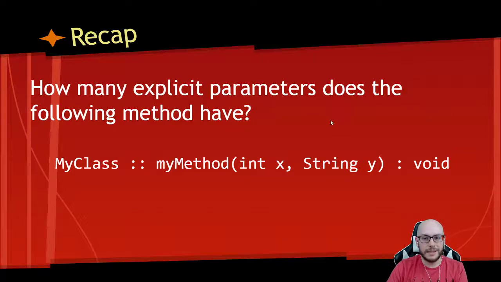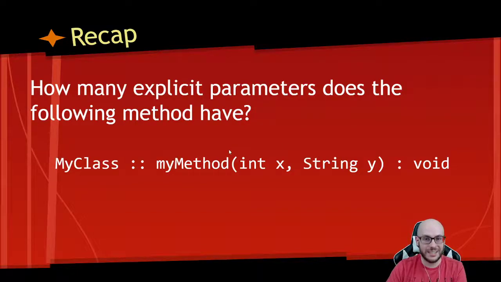Okay, how many explicit parameters does the following method have? Ooh, here we see a method signature. This method is defined in my class. It is called myMethod. It takes in 2 explicit parameters, right? Int x, String y, returns nothing. So we see 2 explicit parameters. That's our answer here. What I'd like you to note is it's not underlined, so it's not static.